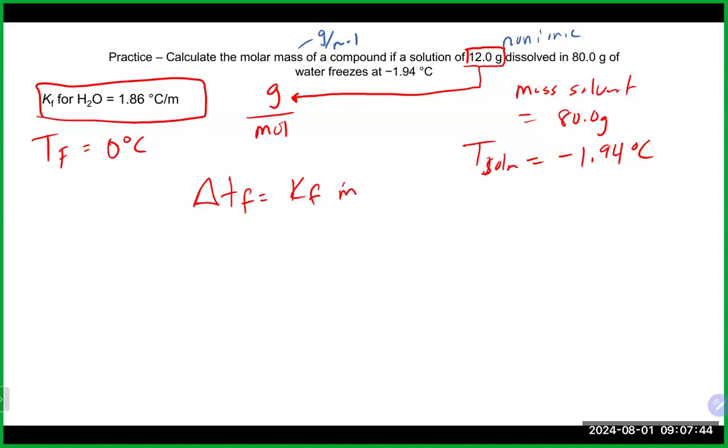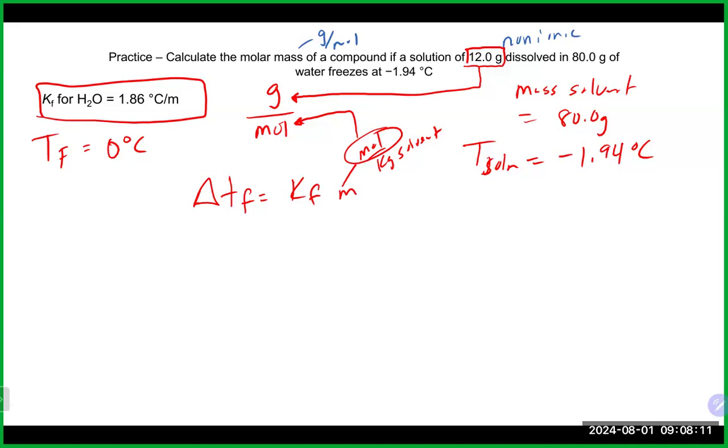This molality is moles per kilogram of solvent. And by the way, that is the only thing that has moles in it. And that is where the moles is going to eventually come from, is from the molality part of the formula. So we're going to use our freezing point equation here to figure out the molality. And then using the molality and the amount of the solvent will allow us to get to the moles part of it.